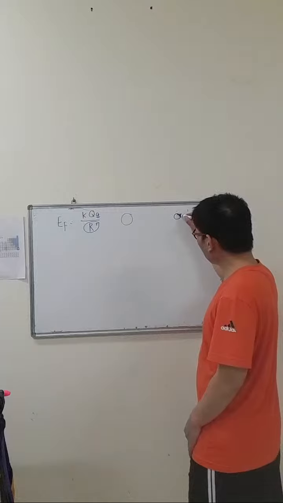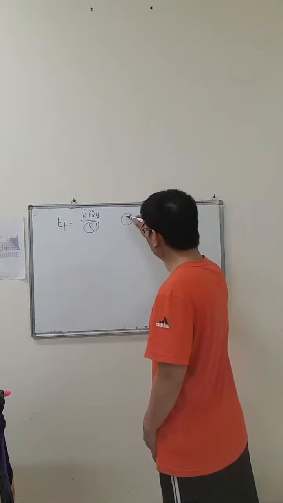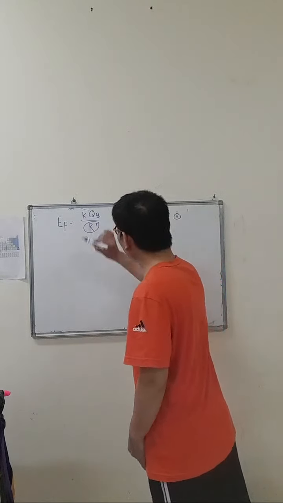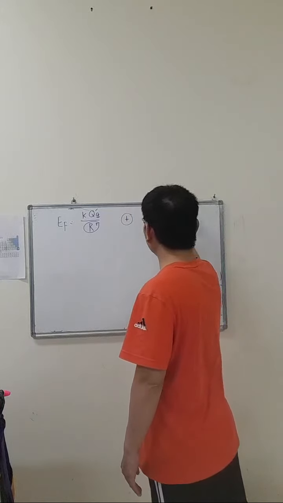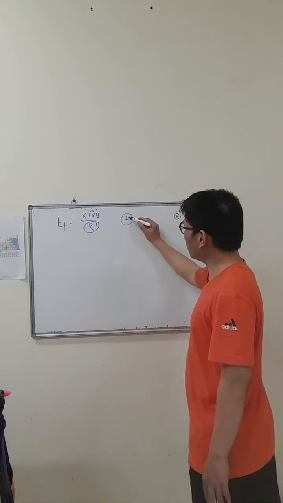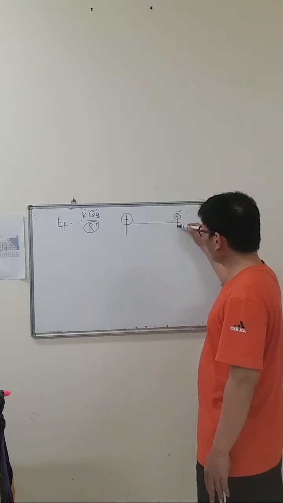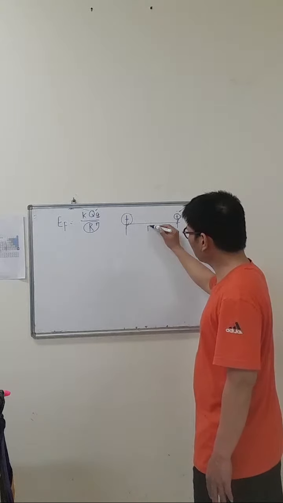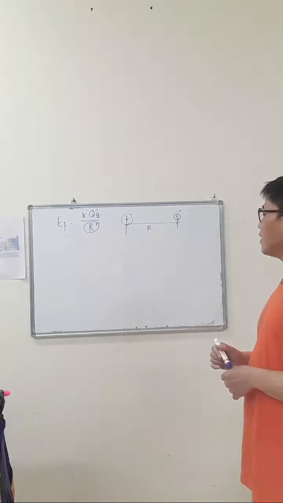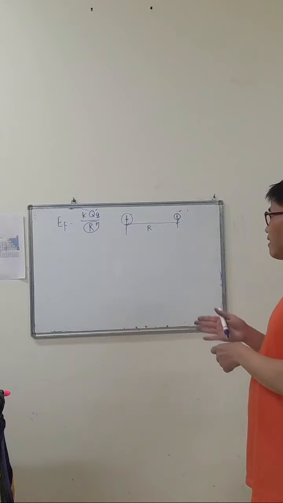Let's say positive Q and big positive Q. Now, you take the centers of these two masses, the centroid, and connect them. This will be your R. Okay? So that is the distance between the two centers of the masses.